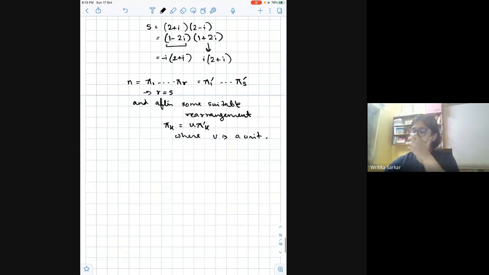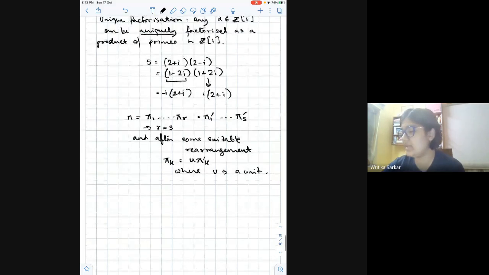So this is what we mean by unique factorization.